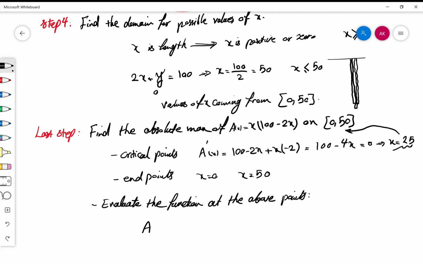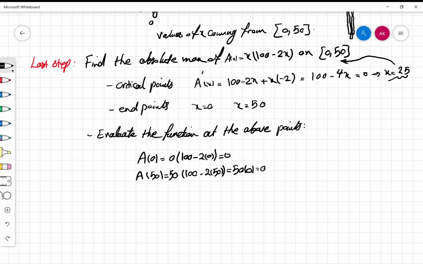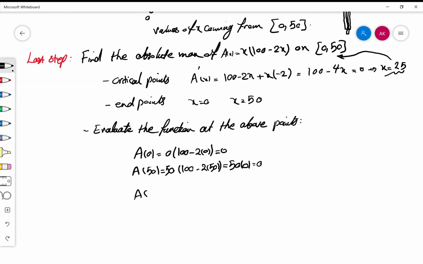A at 0 is 0 times (100 minus 2 times 0), this is 0. A at 50 is 50 times (100 minus 2 times 50). That's again 50 times 0, which is 0. How about the critical point? A at 25 is 25 times (100 minus 2 times 25).